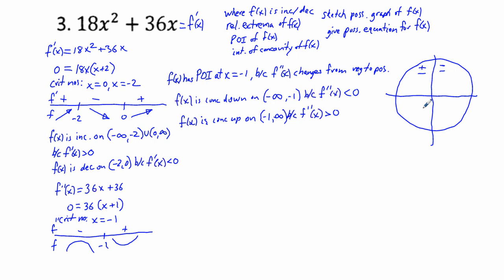Down here in the lower left, we have decreasing, and you are concave up. In the lower right, you have increasing, and you are concave up. So those are the signs of, on the top, F prime, and below, F double prime.